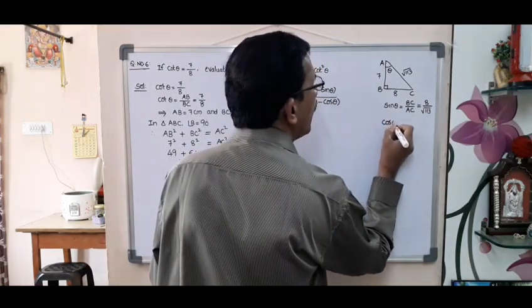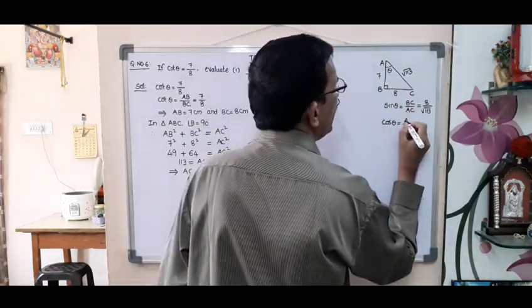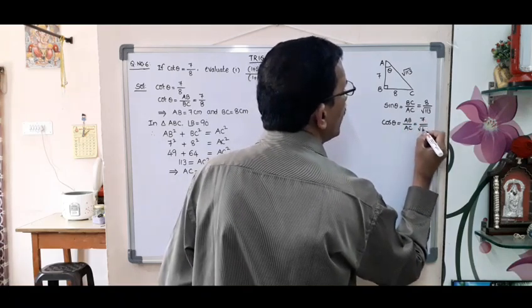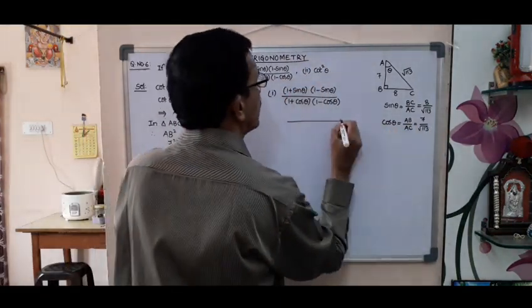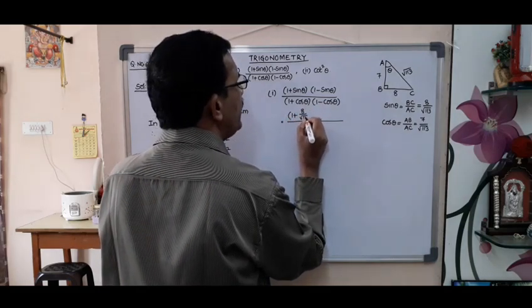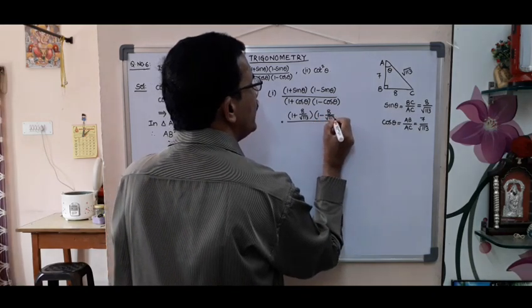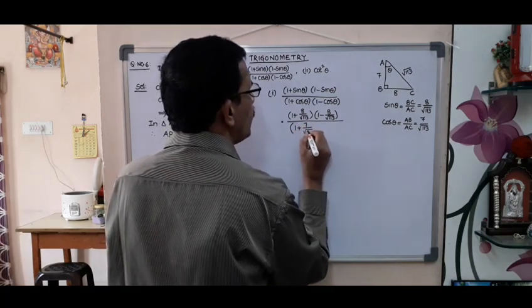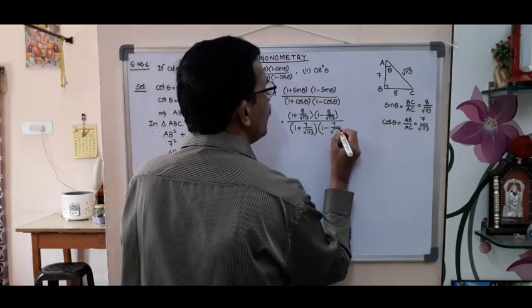Cos theta is adjacent by hypotenuse, AB by AC, equal to 7 by root 113. So substituting these values, this is equal to (1 plus 8 by root 113)(1 minus 8 by root 113) by (1 plus 7 by root 113)(1 minus 7 by root 113).